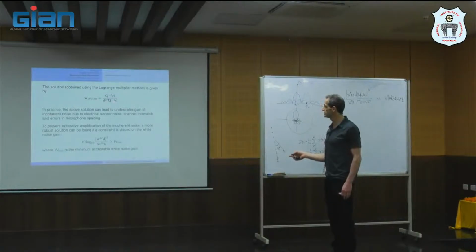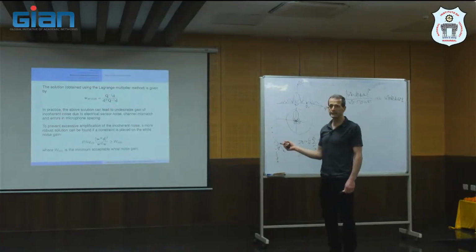This is the solution. Note that the numerator is a vector. The denominator, what is it? A scalar, yes, because you see D^H Q^-1 D, Q is a matrix, D is a column vector. So this is just a scalar.